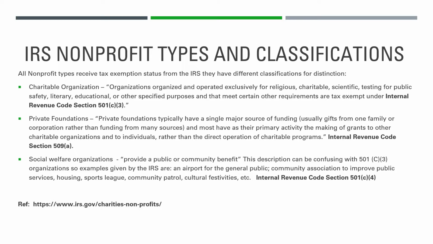Then there are private foundations, which come under the code of 509A. Then you have social welfare organizations, which come under the code of a 501c4. And I've included the reference where you can get much more detailed information if you're concerned about the right classification for your nonprofit.